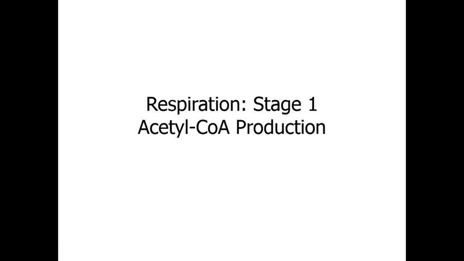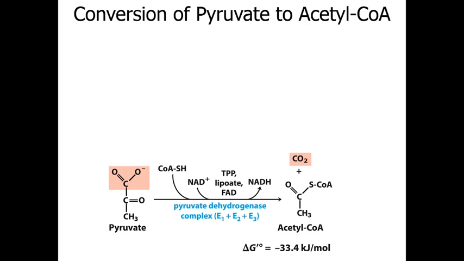Let us first consider stage 1 of respiration, that is acetyl-CoA production. Let us look at the enzymes that are involved and the reaction that is catalyzed. In the first stage, pyruvate is converted to acetyl-CoA, and this is accomplished by the enzyme pyruvate dehydrogenase complex.